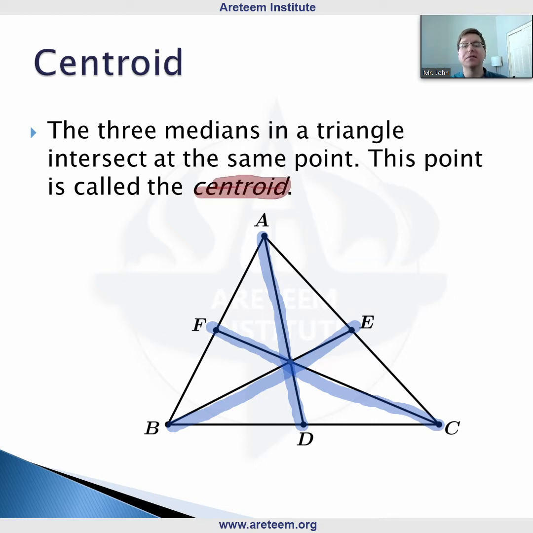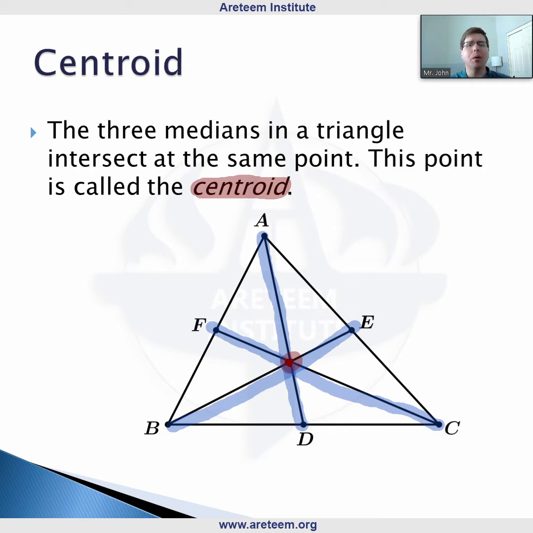So this is a fact you might need to prove. You can prove it using some of the methods we'll talk about a little bit later in this video as well, but we have our centroid here, the intersection of the three medians, right? It's not obvious that all three of those line segments intersect at the exact same point, but they do, and that point is the centroid of a triangle.